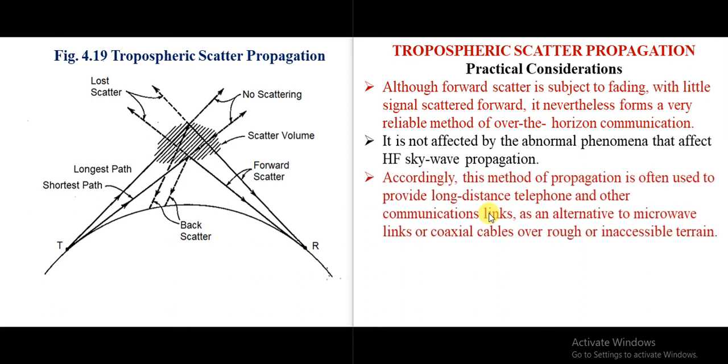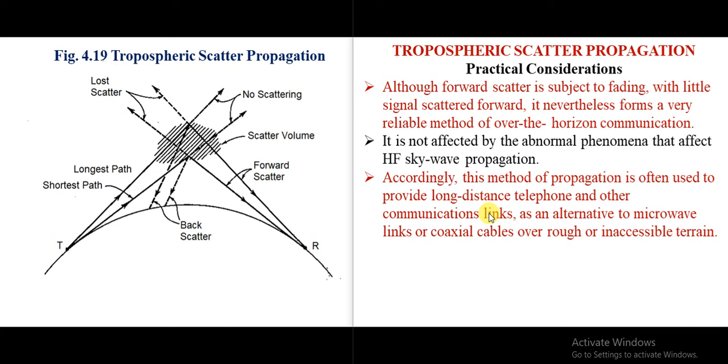Accordingly, this method of propagation is often used to provide long distance telephonic calls and other communication links as an alternative to microwave links. It means we do not have to use microwave antennas or coaxial wires. Just by locating the position of the blob, we are in a condition to have a long distance telephonic call, or to establish a communication link.